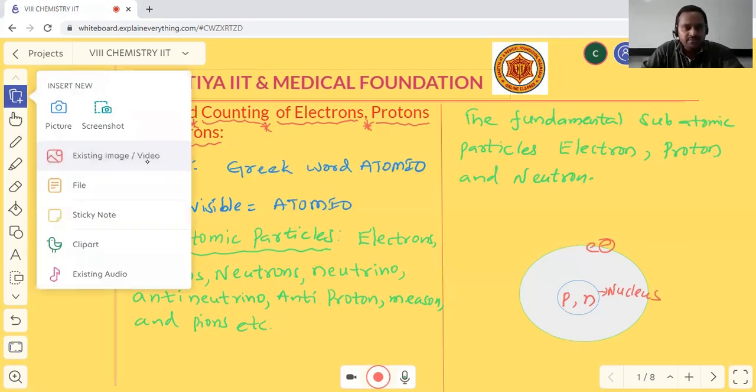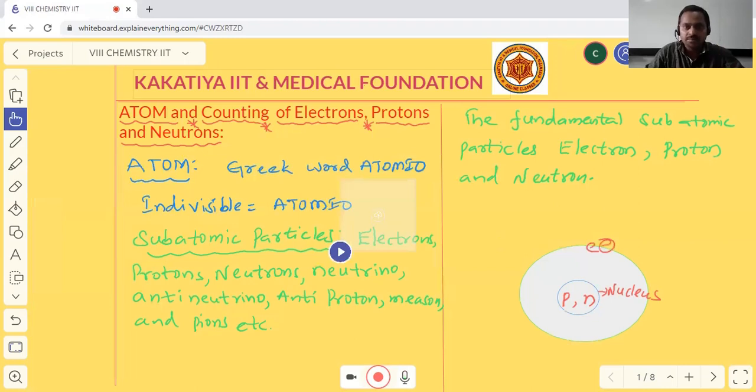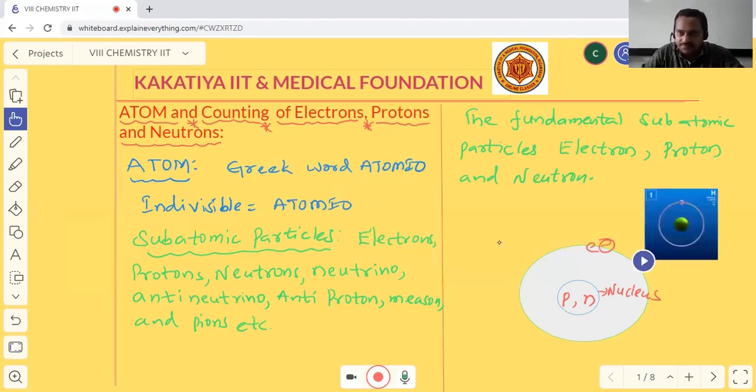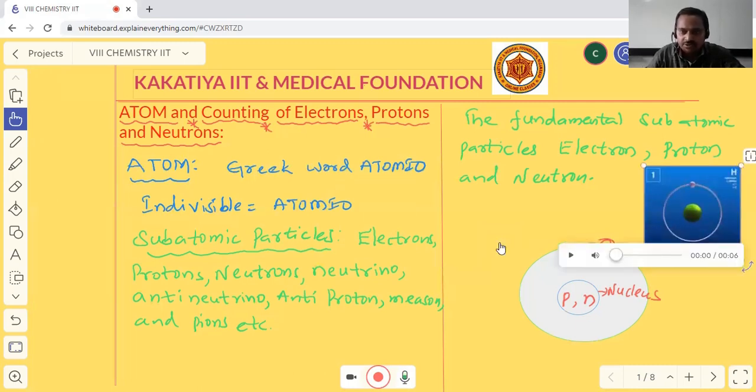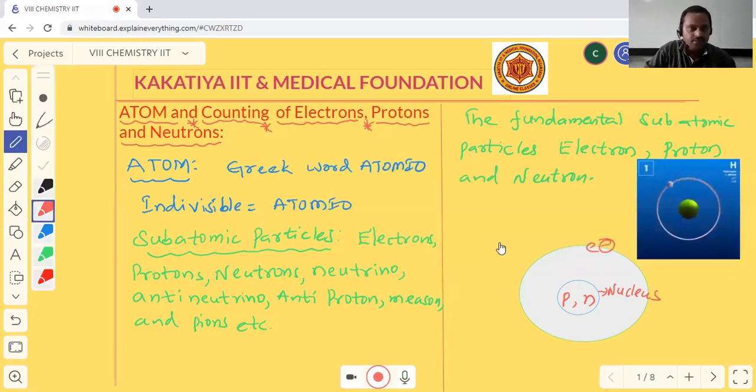In the hydrogen atom, atomic number 1, only 1 electron is present. Let us see how the electron revolves around the nucleus in the hydrogen atom. Here, the green one is the nucleus, and this is the electron.